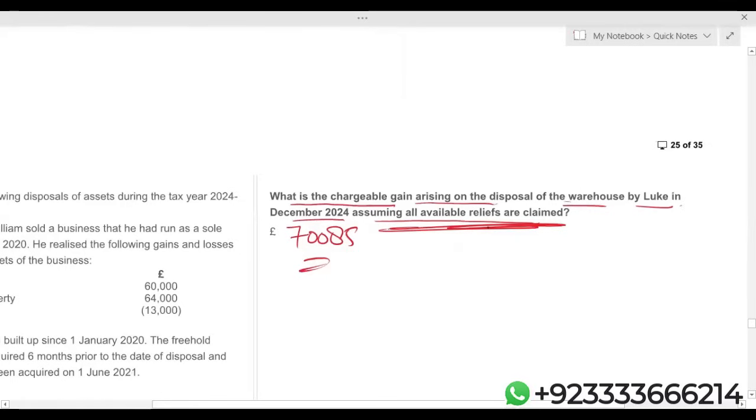So this is the only relief that was available, and it is mentioned in the question that you should assume all the reliefs were claimed. So by considering that, your chargeable gain will be 70,085. So I strongly believe this should not be a problem at all.